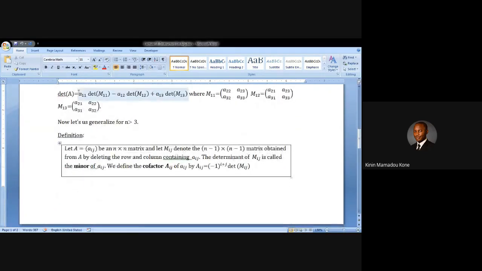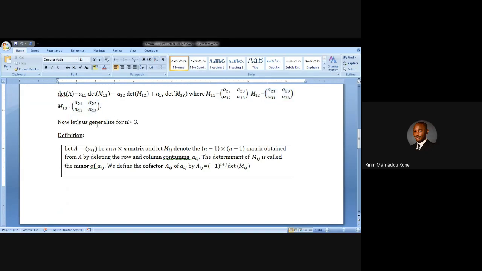Determinant of A equals a11 times the determinant of M11, minus a12 times the determinant of M12, plus a13 times the determinant of M13, where M sub 11 is equal to this matrix over here, M sub 12 is equal to this other matrix, and M sub 13 is equal to this other matrix.